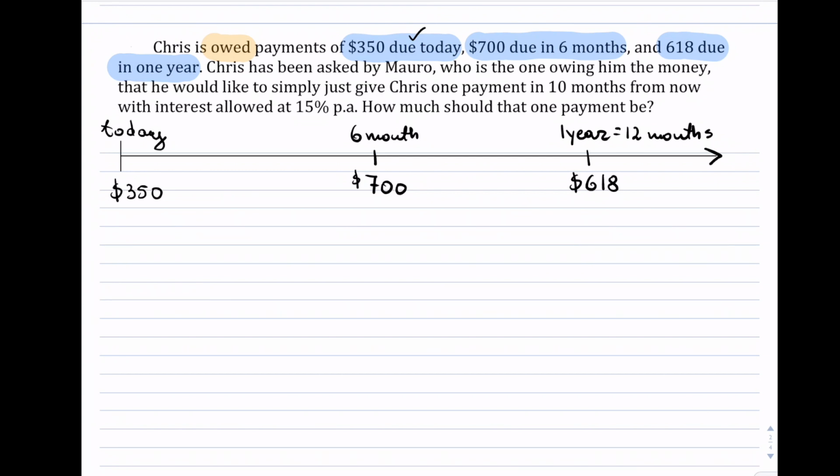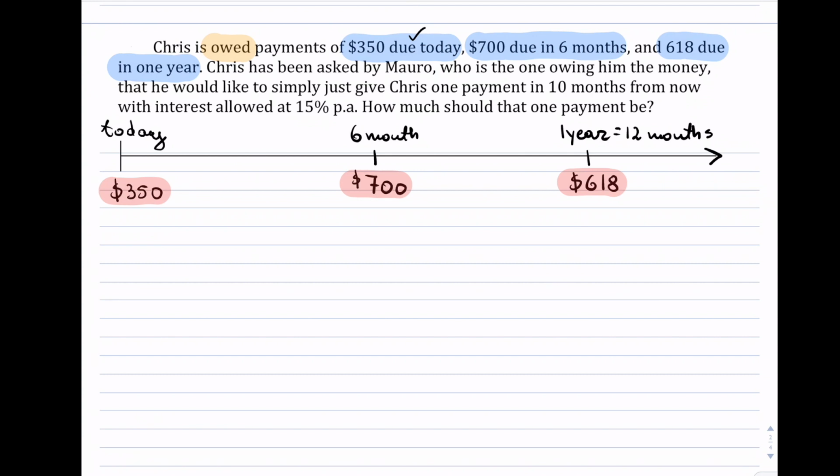Now, Chris has been asked by Mauro, who's the one owing him the money, that he would like to simply just give Chris one payment in 10 months from now, with interest allowed at 15%. So it turns out that these values right here are a debt to Mauro. He's supposed to pay this, but he doesn't want to pay in 3 different payments.